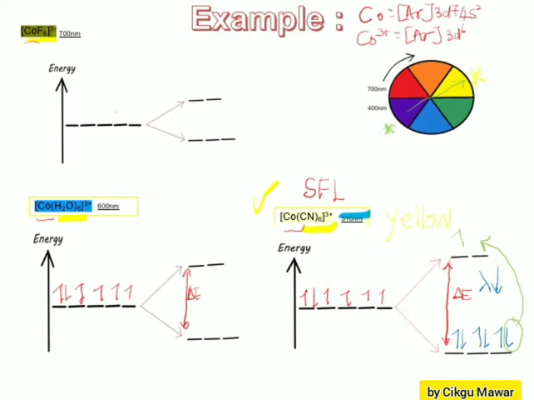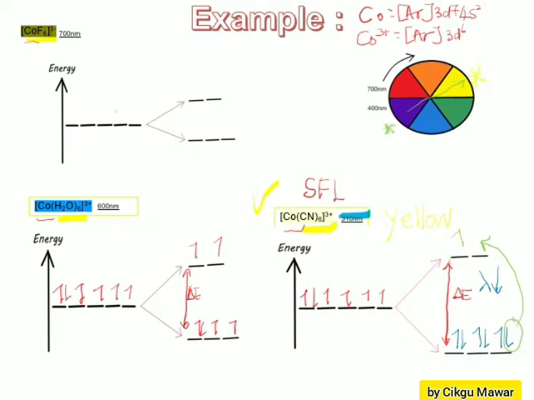Since this is a weak field ligand, we can fill up the electrons in the orbitals: 1, 2, 3, 4, 5, and 6.